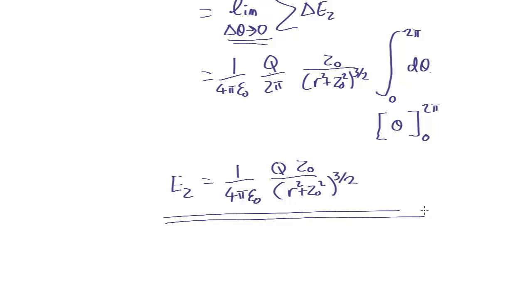We can check this. First thing to do is check units. We'd expect it to have the same units as Coulomb's law, which is 1 over 4 pi epsilon naught, q over r squared. So the constants are all the same. The only real difference is you've got a z on the top and an r squared plus z squared to the 3/2 on the bottom. r and z both have units of length, so length squared to the 3/2 gives you length cubed, with the length on top, so length over length cubed gives you 1 over length squared.